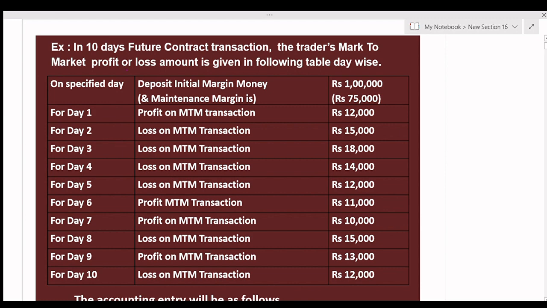Now come a problem. In a 10-day futures contract transaction, the trader's mark to market profit or loss amount is given in the following table day-wise. On a specified day, deposit the initial margin money, that is rupees 1 lakh.